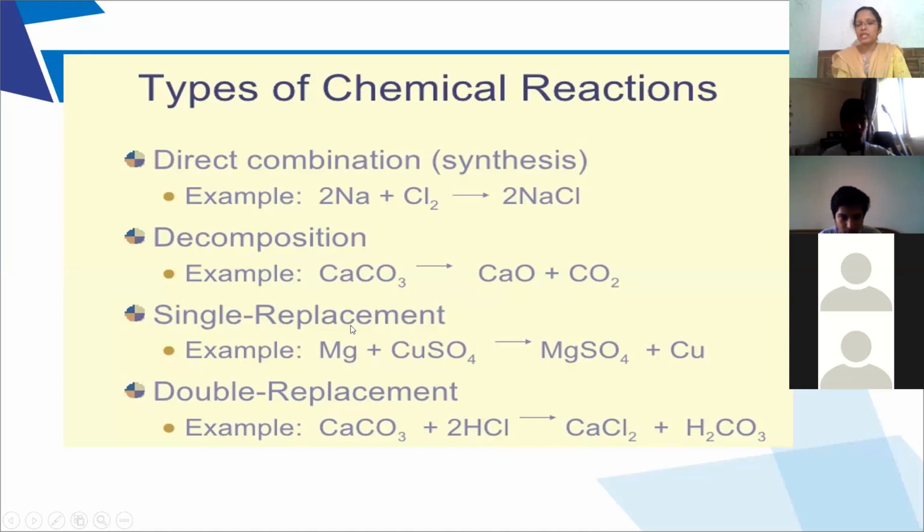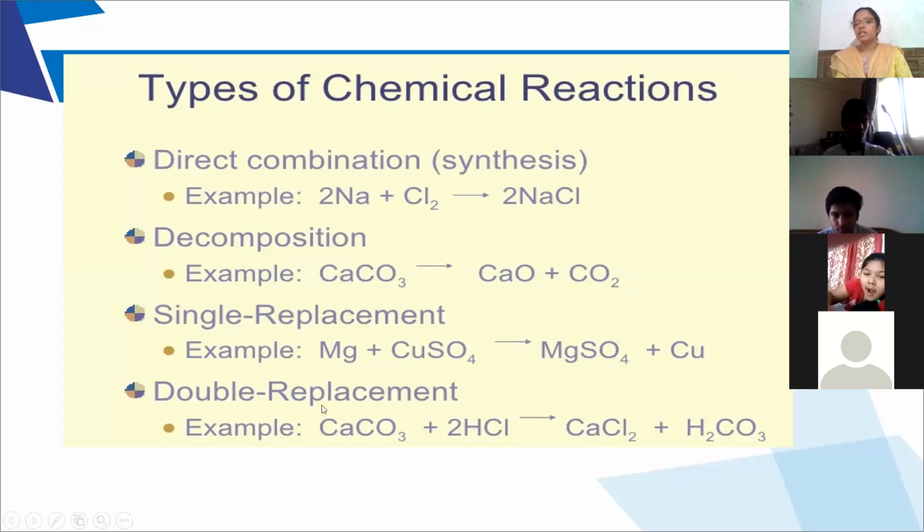Whereas for single replacement or displacement reaction, you all should be thorough with the activity series. The more active metal only can replace the less active metal from its solution. I think you have learned this in your 8th standard, right? So the more reactive metal replaces the less reactive metal from its solution.